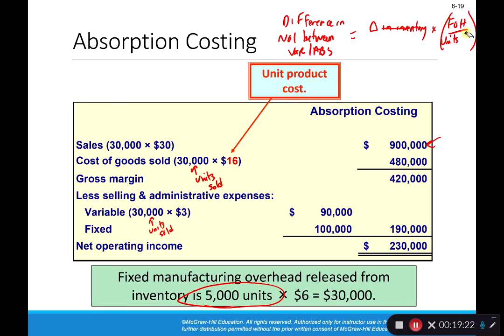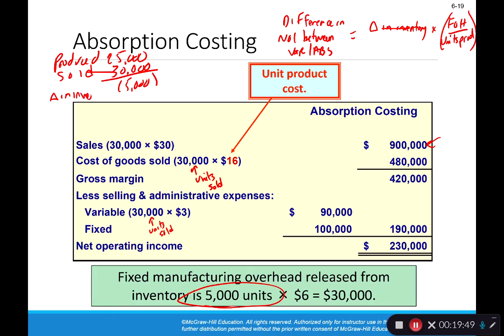Probably can't read that very good, but it's supposed to say PROD for produced. So now what happened? Well, we produced 25, we sold 30, so the change in inventory is now -5. It went down by 5.